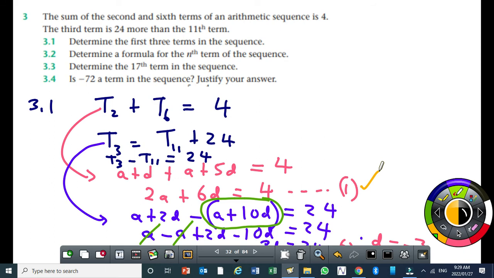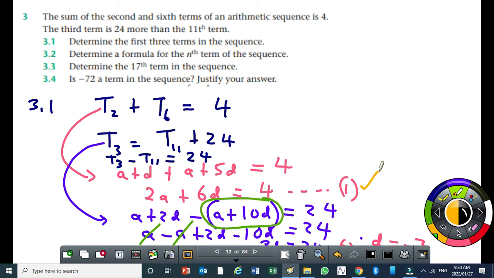Now the question is, which one is greater, T3 or T11? T3. The sentence says the third term is 24 more than the 11th term. Therefore, T3 is more than T11. By how much? By 24.